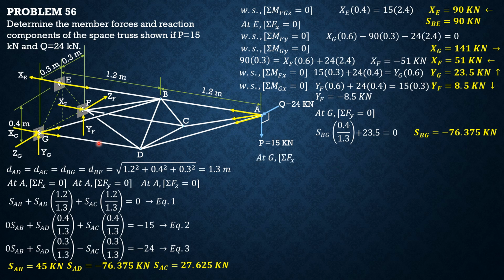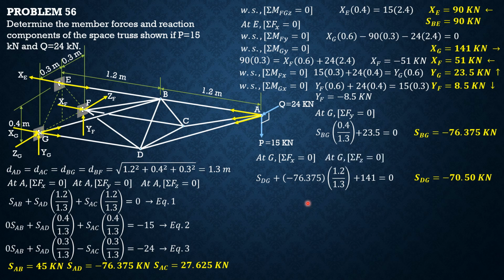Then we can now take the summation of forces along X at G to solve for the force in DG. So SDG plus XG, which is 141, plus SBG, which is negative 76.375 times 1.2 over 1.3, equals 0. So SDG is negative 70.5 kilonewtons, so it is in compression.